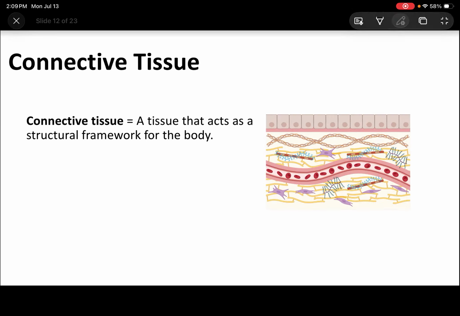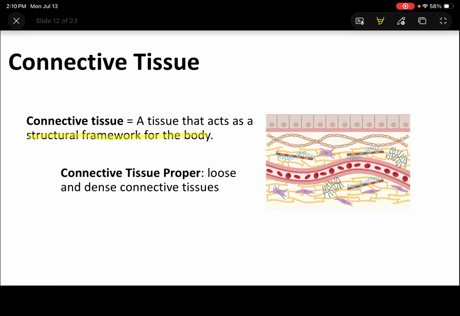Connective tissue is tissue that acts as a structural framework for our body. If we had to define it with one simple definition, it would just be structural framework for the body. It provides some really important roles in keeping our body's framework beyond just skeleton and muscle and skin.